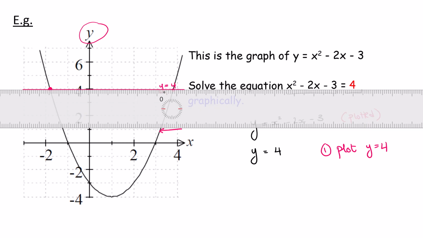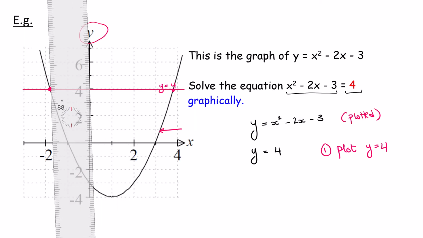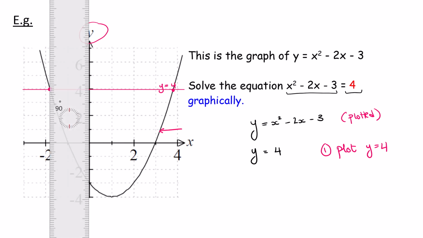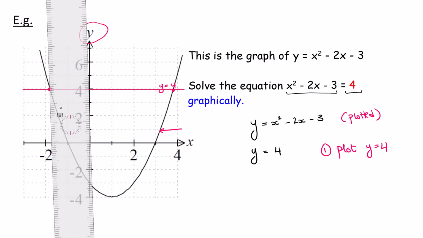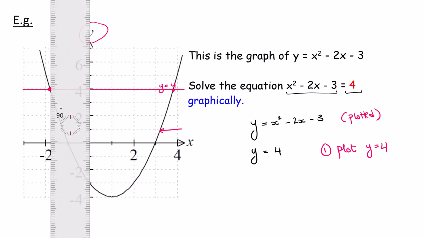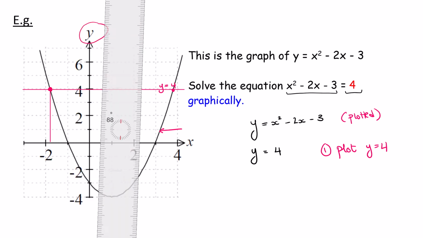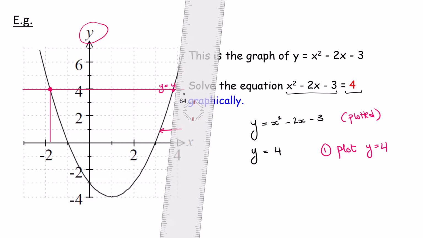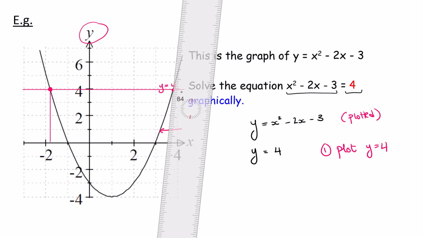And you want to be very accurate. You want to get your ruler and place it where the two lines meet, the line and the graph, and then trace it down to the x-axis.